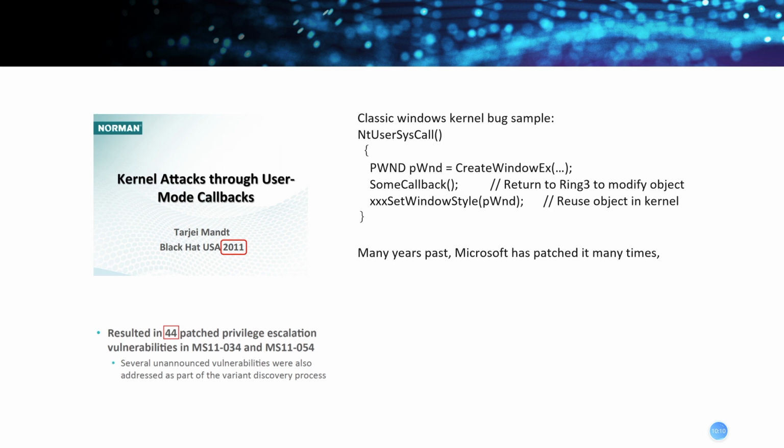A classic user mode callback bug is shown like this. When you create a user object in user space and trigger some functions to call a user mode callback to user space, the attacker could hook in the user space to modify the object.